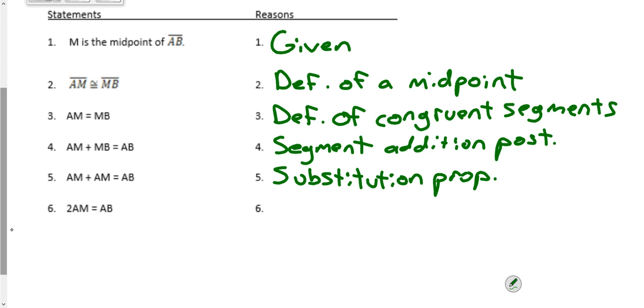So we just simplified. We combined our like terms. So simplify is the reason there. And there we've proven how to get from knowing that M is the midpoint of segment AB to 2 times the segment AM equals the segment AB. That's it for the notes.